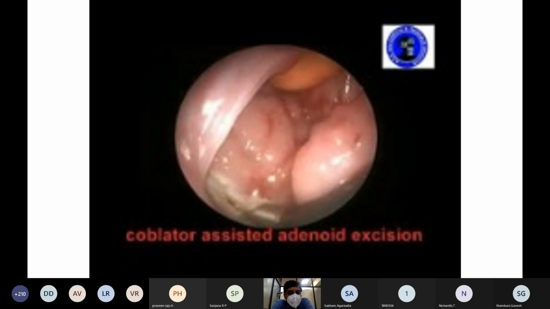Bleeding points that are visualized can be cauterized using the same wand. At the end of the procedure, the entire length of the posterior end of the septum is clearly visualized.